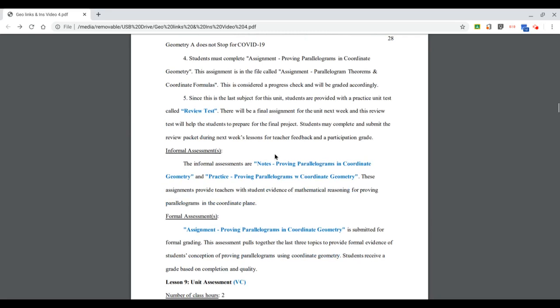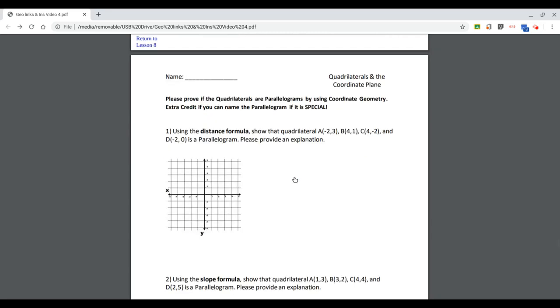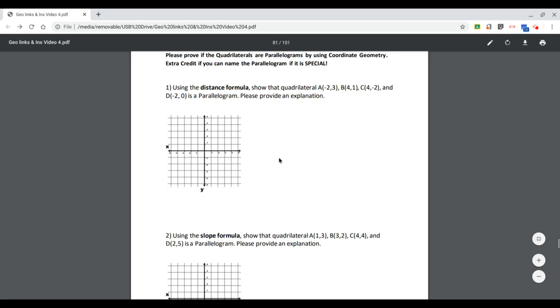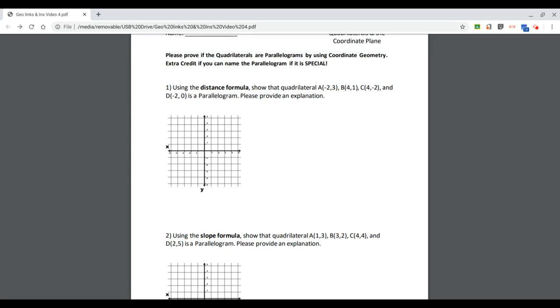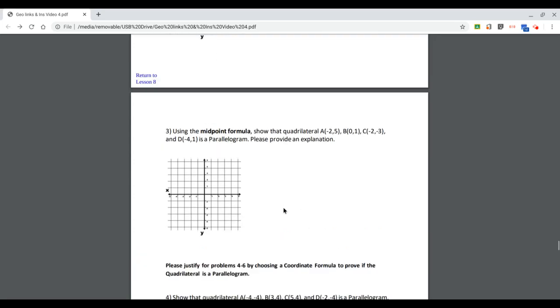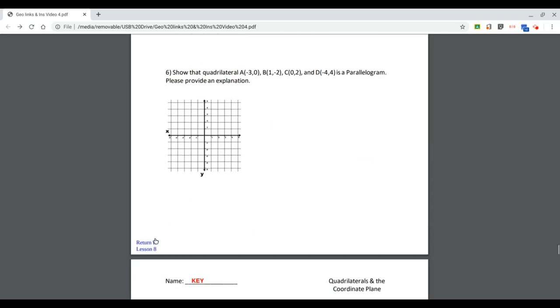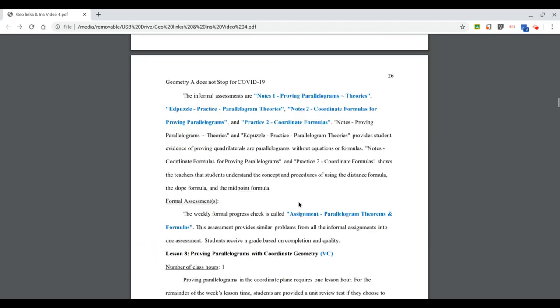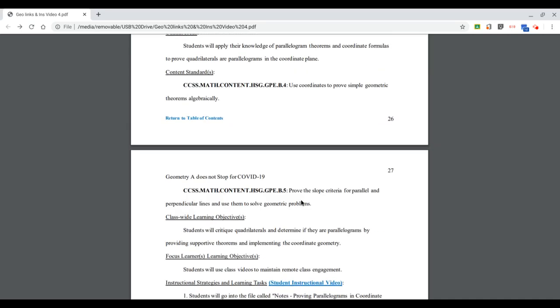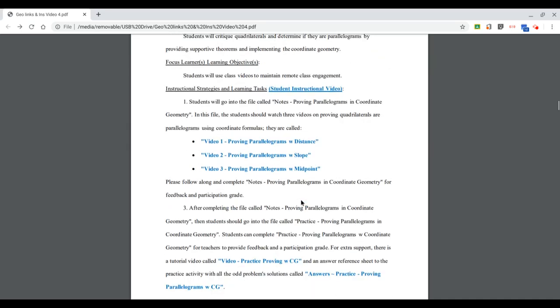The practice looks like this, right here, the quadrilaterals. Again, I left a lot of things blank for them to draw their own graphs and to submit their own work by applying the formulas. It's about 3 pages, 6 problems, but each problem is pretty tedious with mathematical reasoning and procedural fluency.